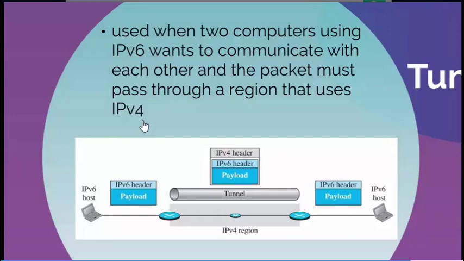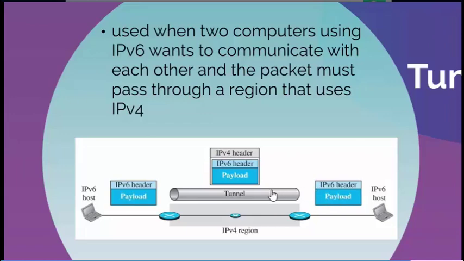So tunneling makes it possible for this to happen, because with tunneling, the IPv6 packet will be carried inside, the payload, the information, the header and everything else. If you can still remember, a header contains so much information about the packet or the data. It is wrapped through protocols and then goes under the tunnel.